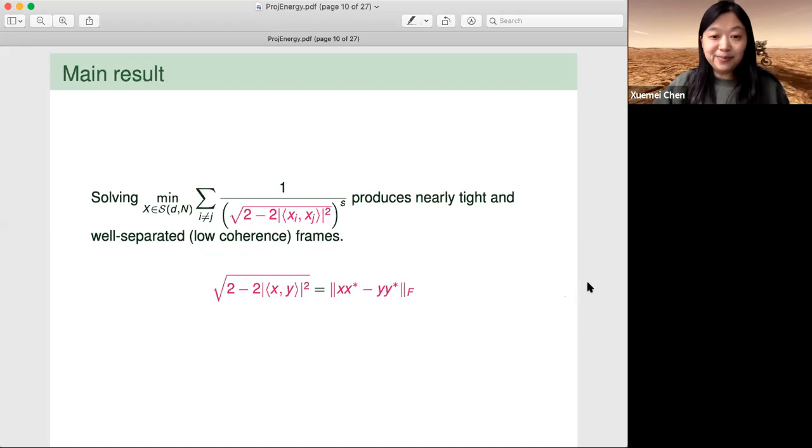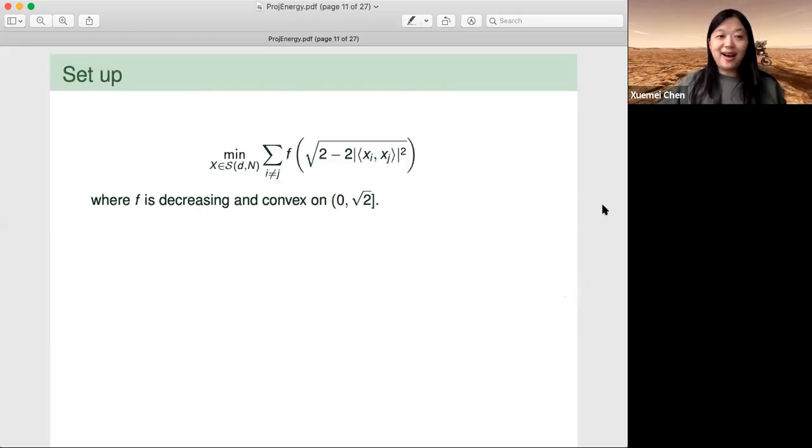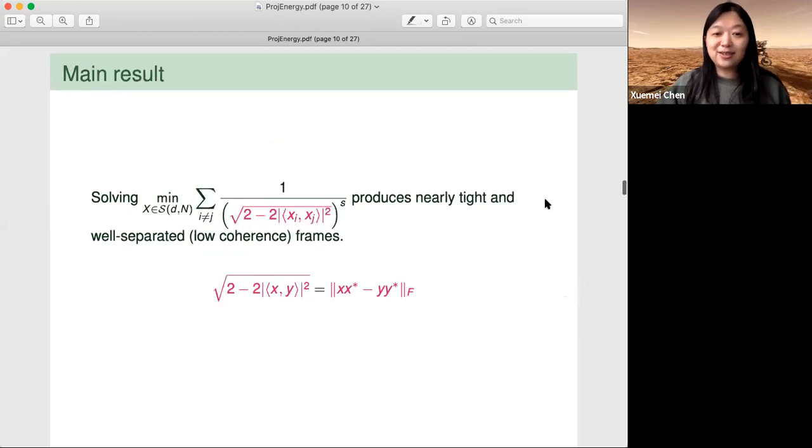To summarize again, the main result of our work is that we try to minimize a different kind of energy, and we can conclude, with theoretical and numerical support, that the minimizers are pretty good, pretty desirable frames. So why this particular kind?